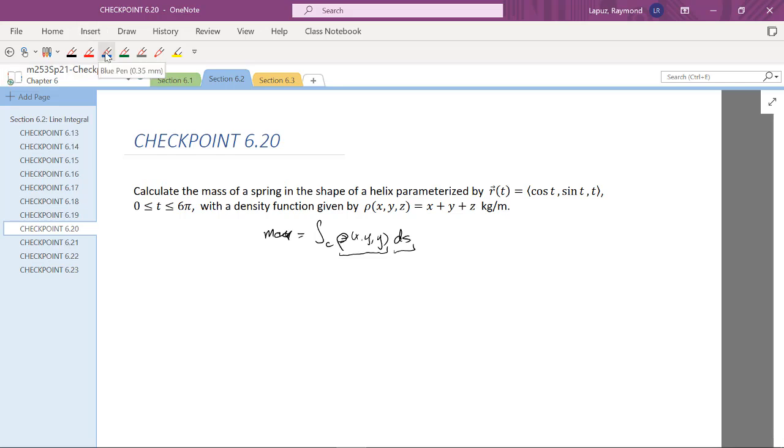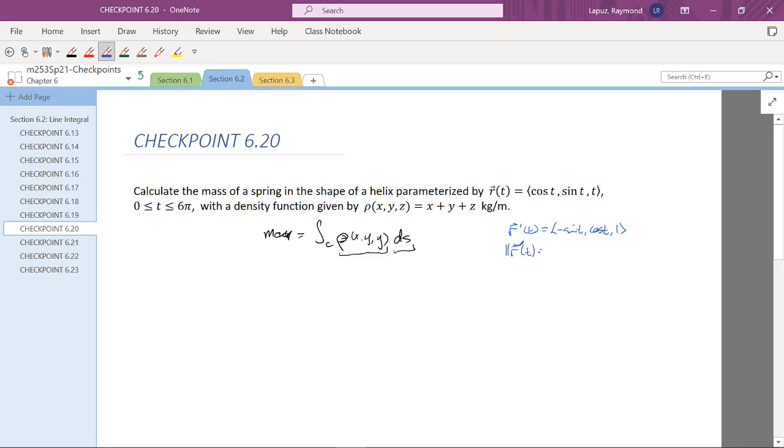We have our parameterization. We just need our derivative. R prime of t is equal to minus sine t, cosine t, and 1. And we will need the magnitude in the case of a scalar line integral.